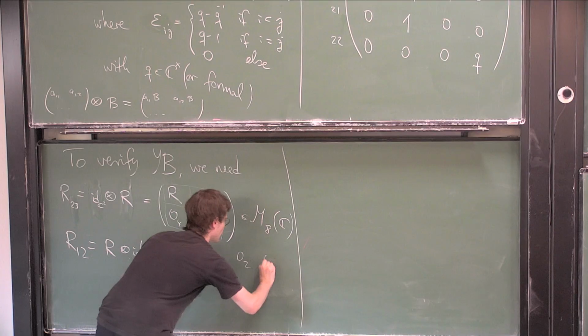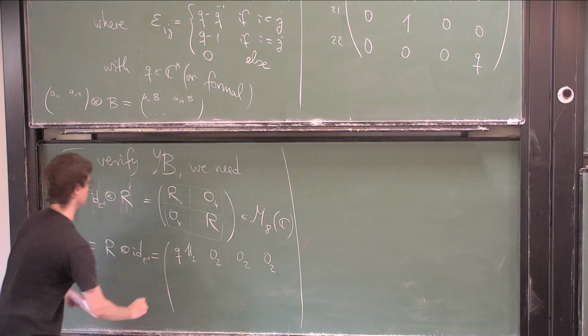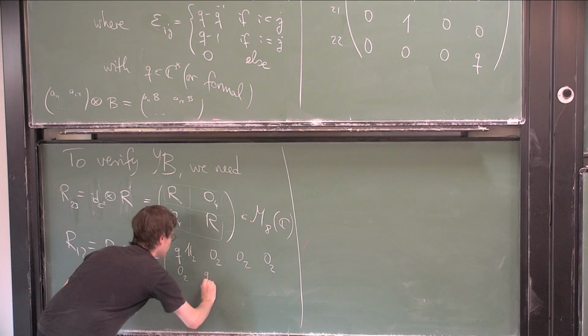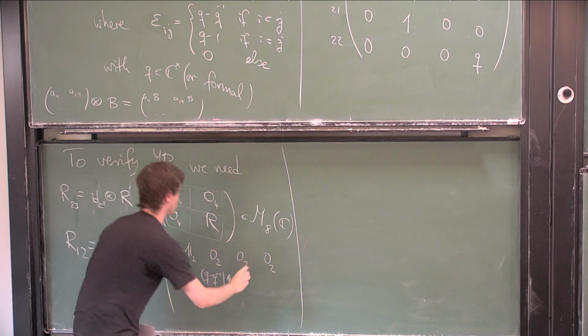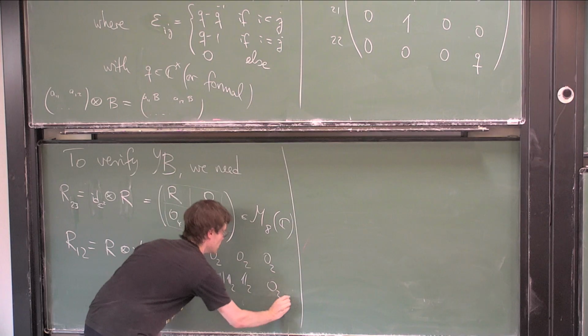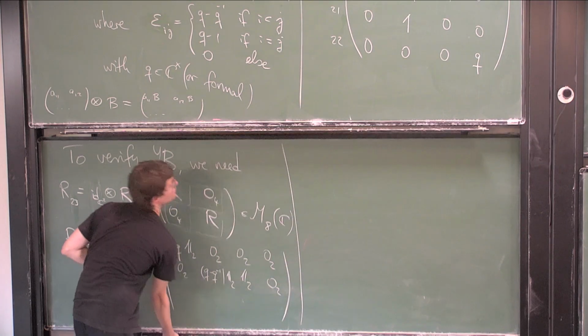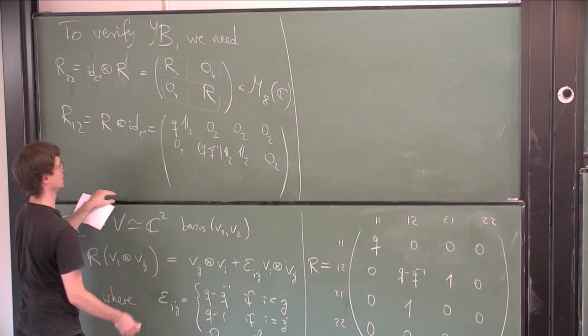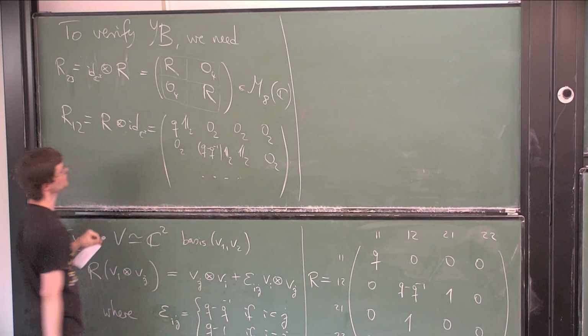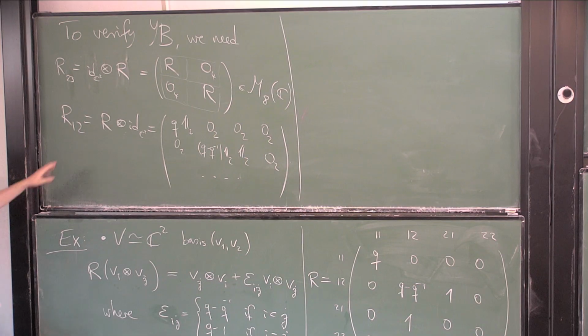And then you just do it everywhere. 2,2,2, you have 0, q minus q inverse identity. Just plug in identity. I think you understand how to fill this in. So again, you have another 8 by 8 matrix.